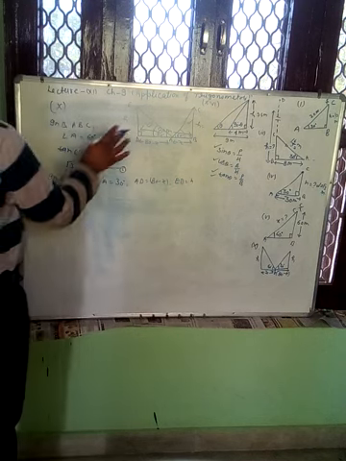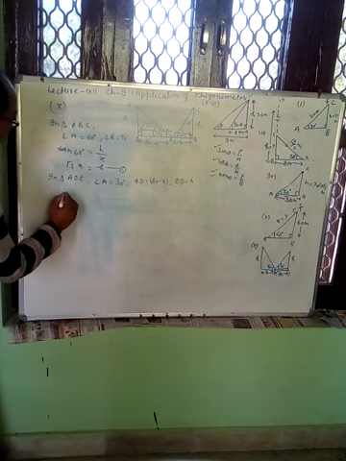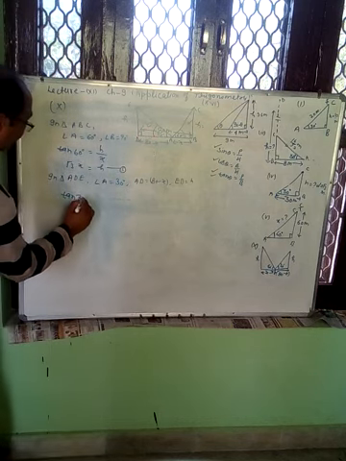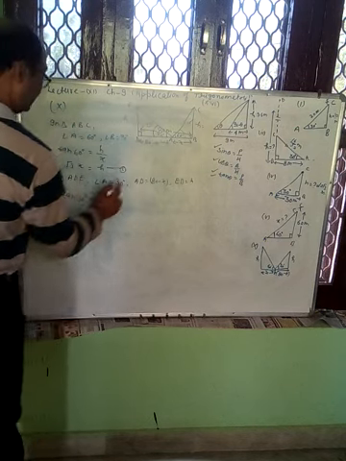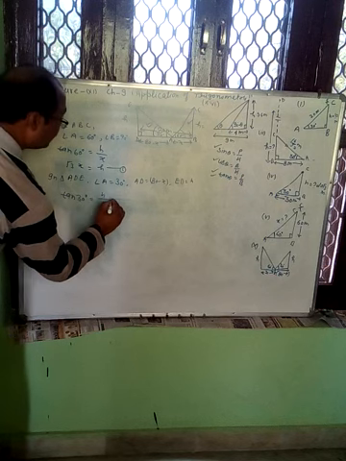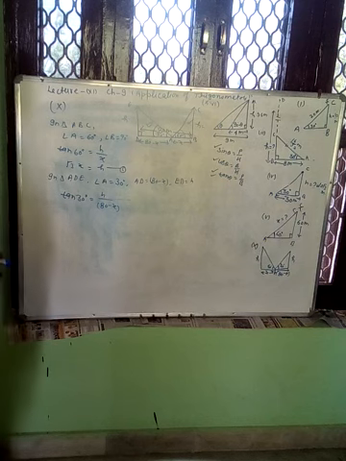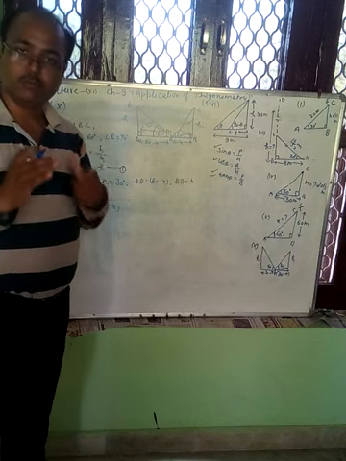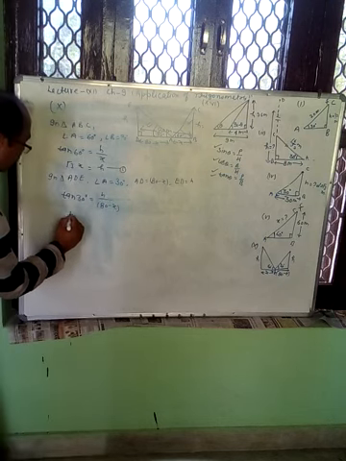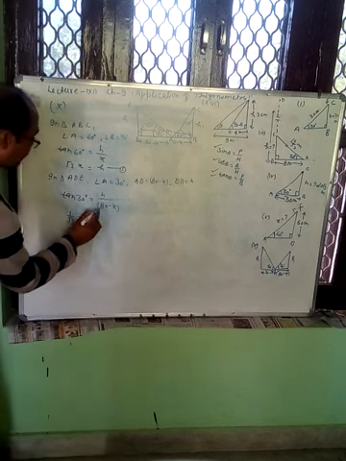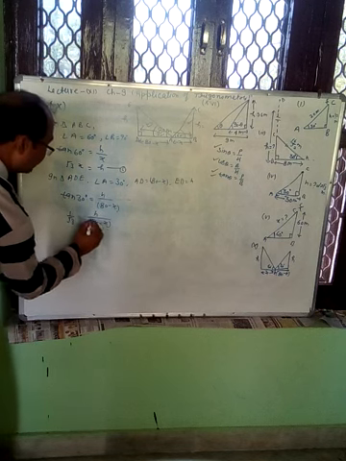Similarly, using tan 30 degrees in this triangle, tan 30 degrees is equal to perpendicular upon base, that is H upon 80 minus x. Tan 30 is 1 upon root 3, as we already know. So 1 upon root 3 is equal to H upon 80 minus x.